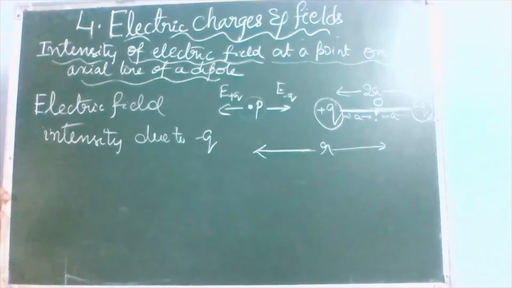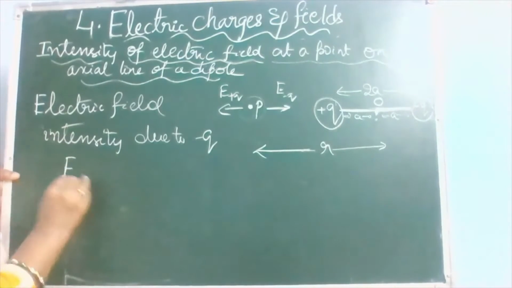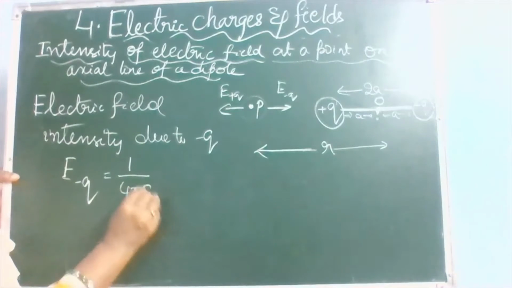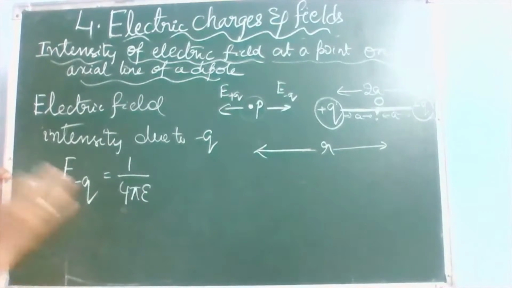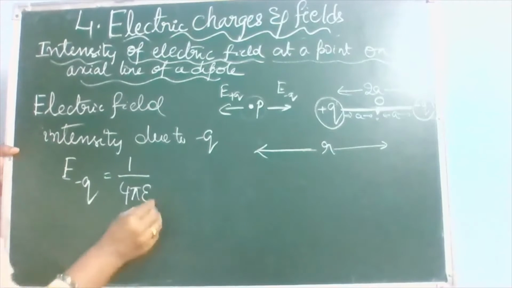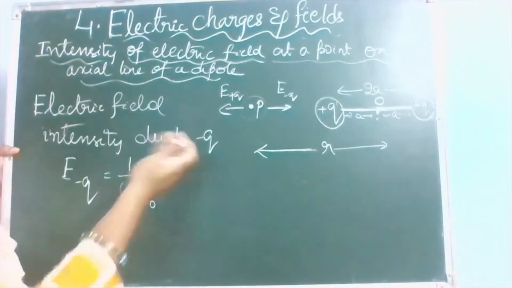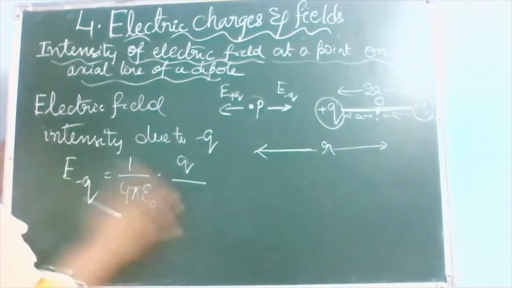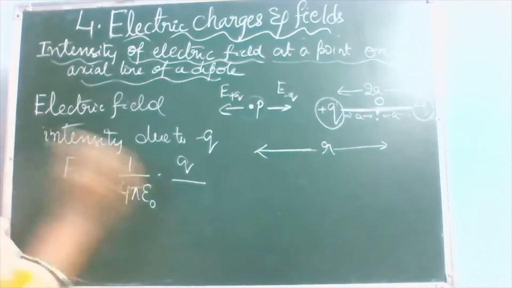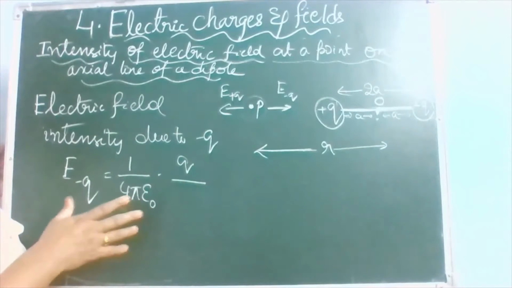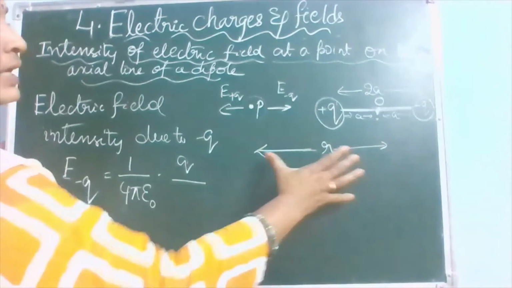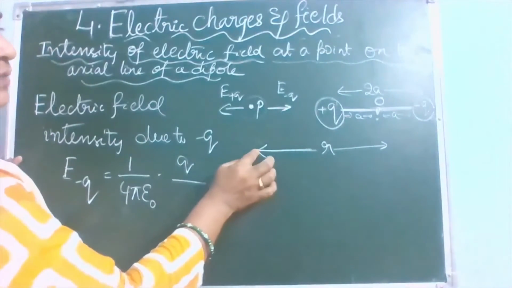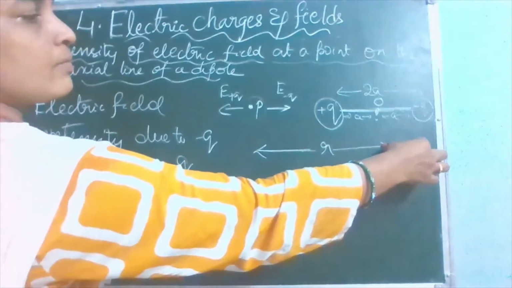Then it will equal, we know the formula for the electric field intensity, 1 by 4 pi epsilon naught into q by r square. Here in place of r square, r means the distance. So the distance from P to minus q, from here to here, is r plus this distance. This distance is a.